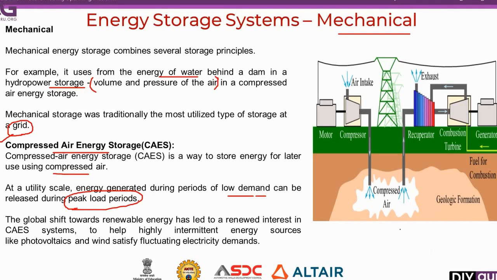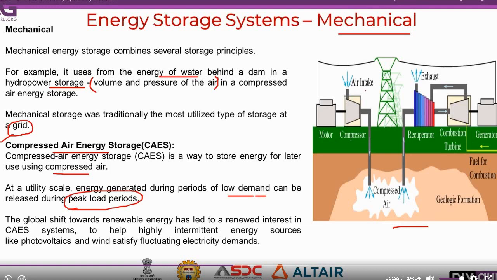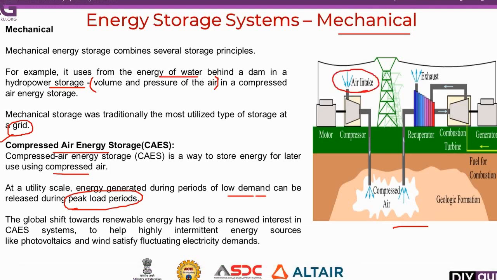The right hand side shows the diagrammatic view of the compressed air energy storage system. In this, if you see, with the help of a motor, the atmospheric air is taken inside. Also, this motor is driven by the existing power supply at the low demand condition. So it takes the air and compresses it, and it is being stored here.